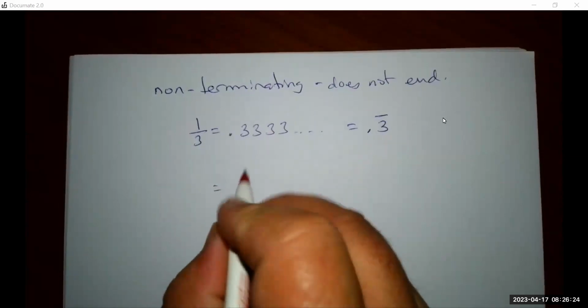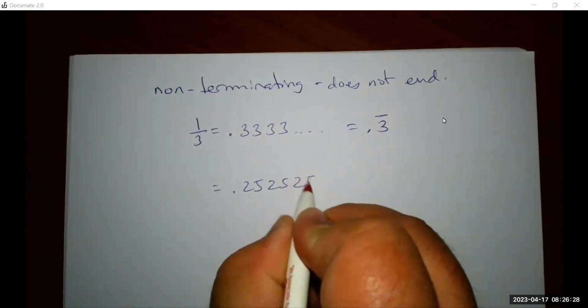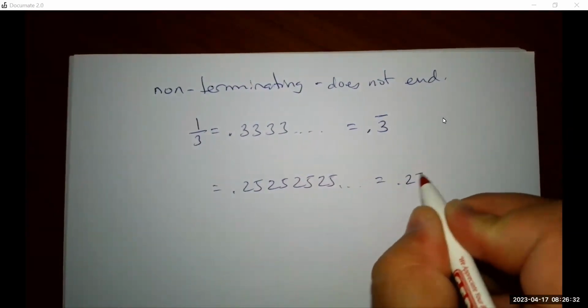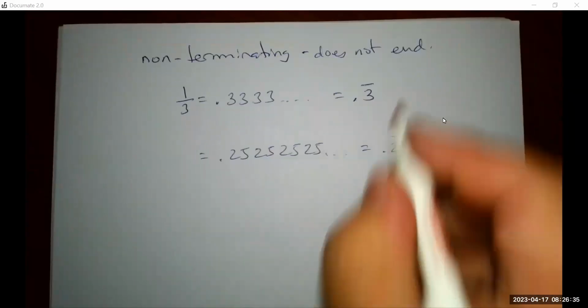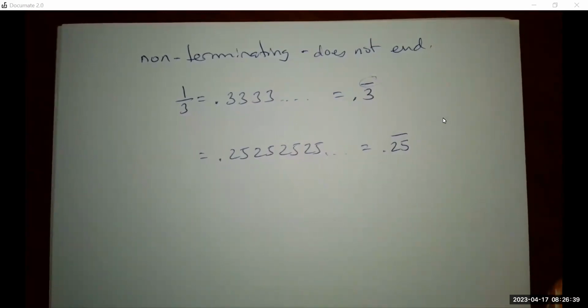Or it could be some number that says 0.25, 25, 25, 25, and it's always repeating. So it's 0.25 infinitely. This means it goes on forever. All right, let's see some more examples here. Okay, so that does it for the terminating decimals.